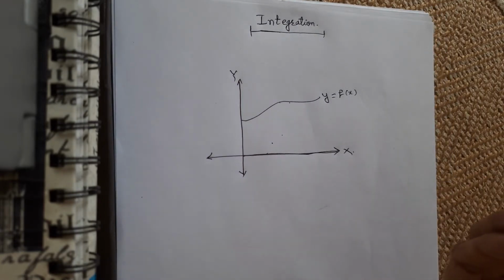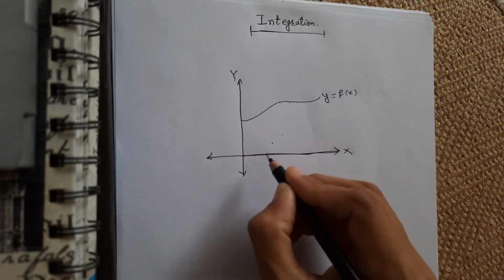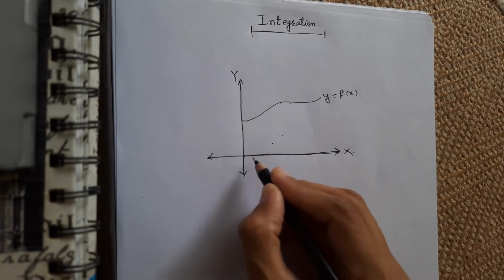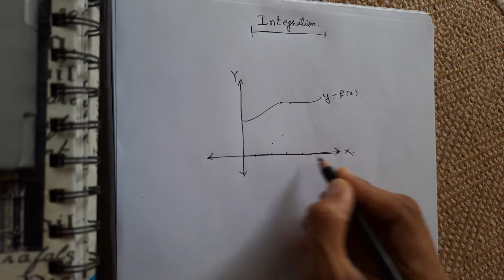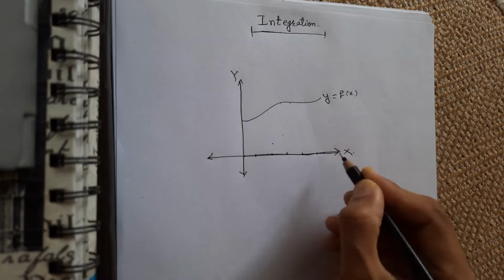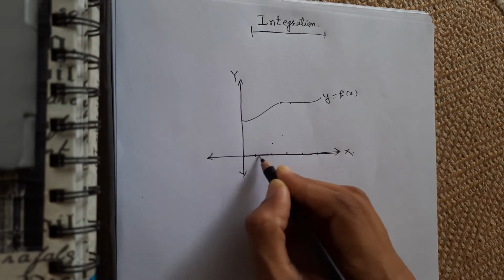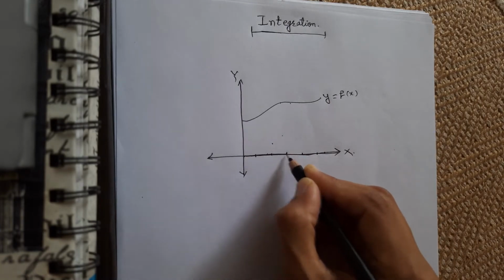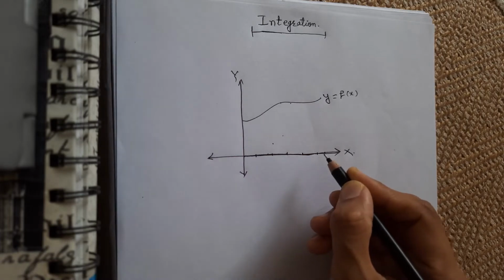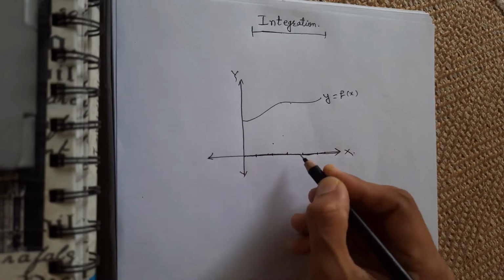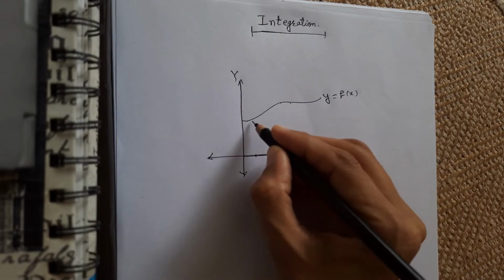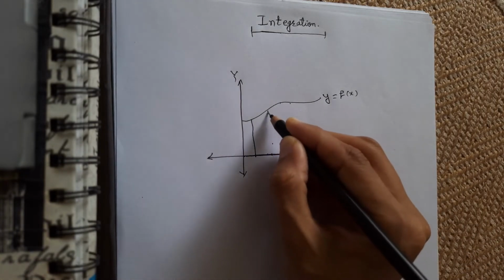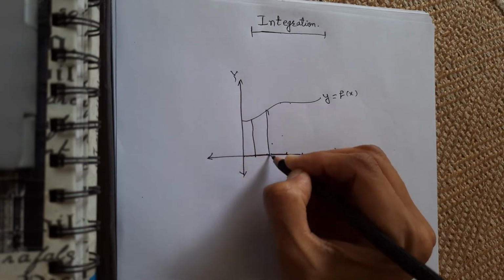It's very simple. They suggested that I divide the whole region into small rectangular pieces like this. It's not necessary that they are equal, but for simplicity I'm taking them as equal. You can take them unequal also.